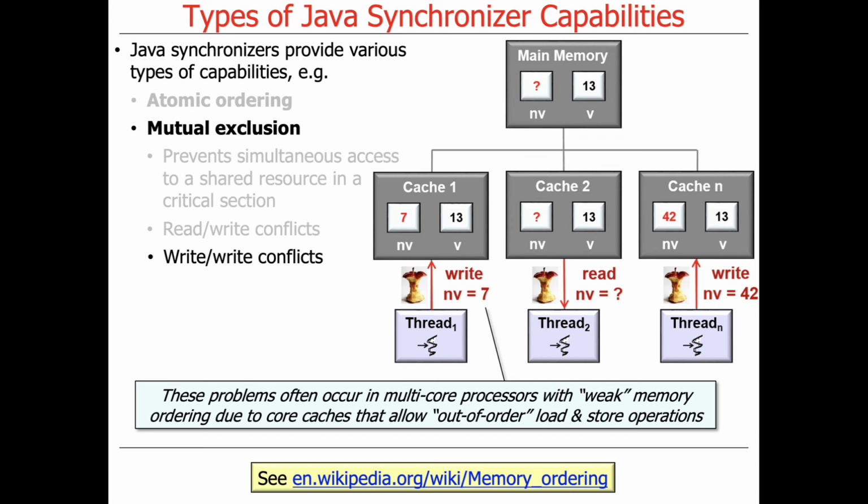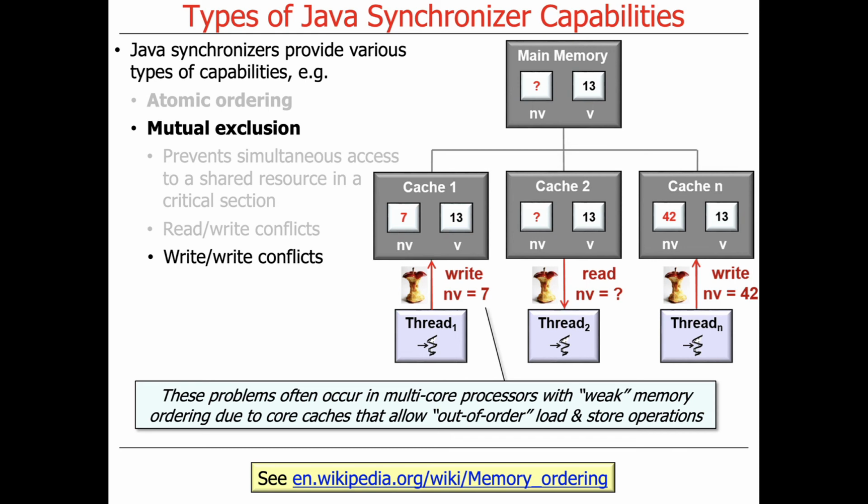And here's a simple example of this. This is showing main memory with volatile and non-volatile fields in it. And then we have 3 threads, T1, T2, and Tn. Each thread has its own cache. Each core has its own cache, I should say. And let's say, in this case, thread 1 writes 7 to the non-volatile value.